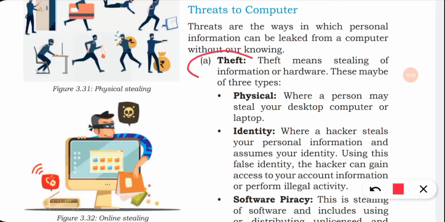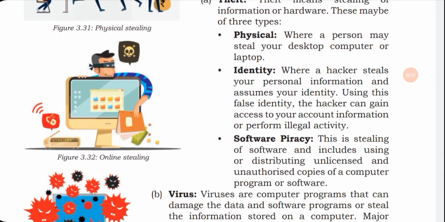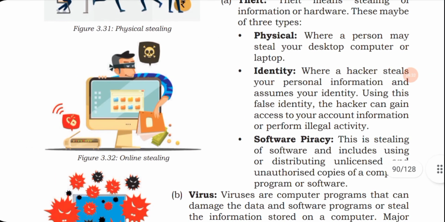First one is theft. Theft means stealing of information or hardware. These may be of three types: physical, identity, and software piracy. Physical means a person may steal your desktop computer or laptop.